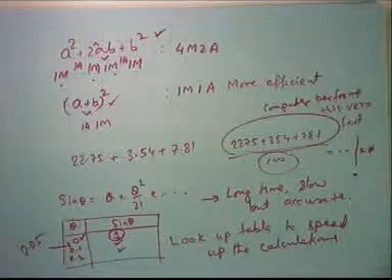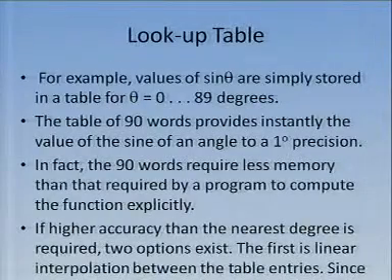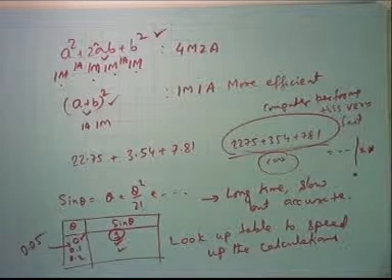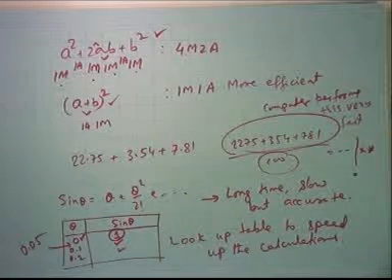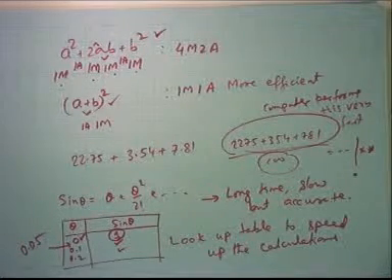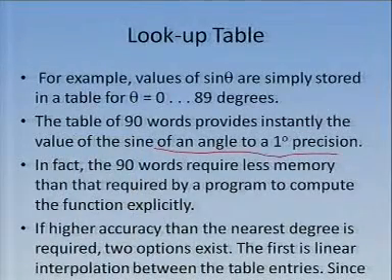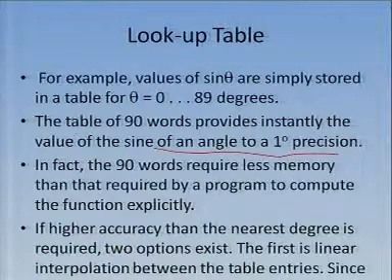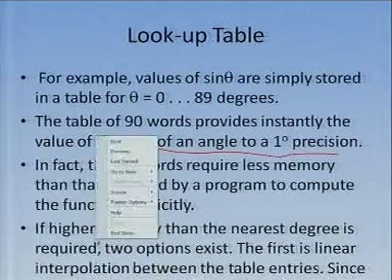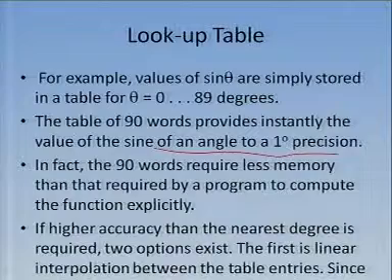So, for example, values of sin theta are simply stored in a table for theta equal to 0, 1, 2, 3, up to 89 degrees, something like that. The table for 90 values provides instantly the value of sin at an angle with 1 degree precision. In fact, 90 values require less memory than that required by a program to compute the function explicitly.